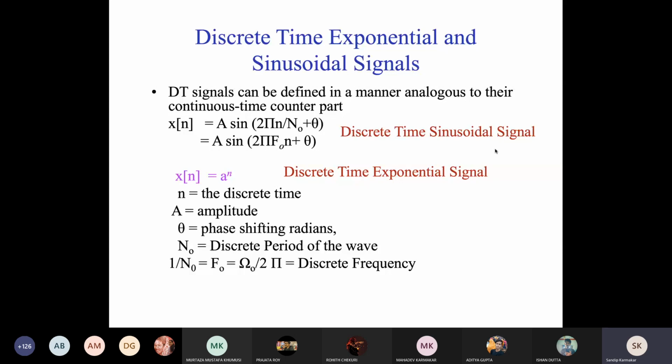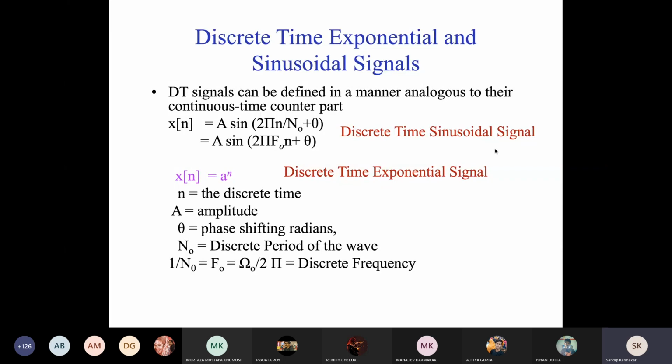Discrete time signals can be defined in a manner analogous to their continuous time counterparts. Like the discrete time sinusoidal signal: instead of giving omega 0 or f or 2 pi by T0, you give n by N0. Or you give A sin(2 pi f0 n plus theta), where theta is the phase and the frequency is f0.